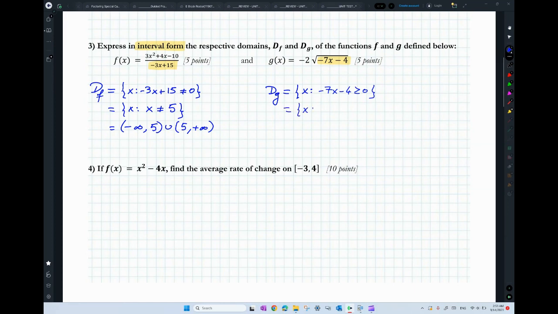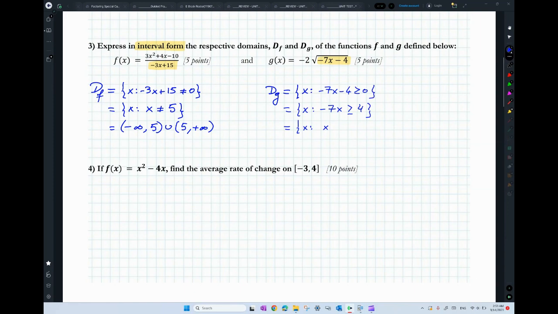And you just need to solve this inequality. Negative 7x is greater than or equal to 0 plus 4.